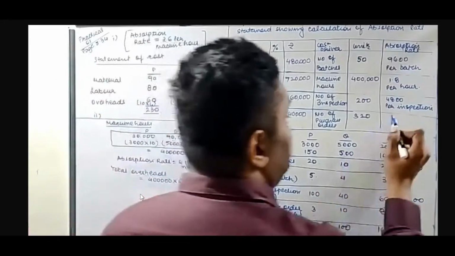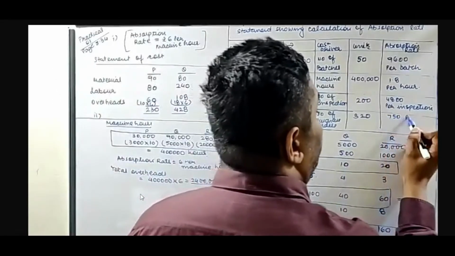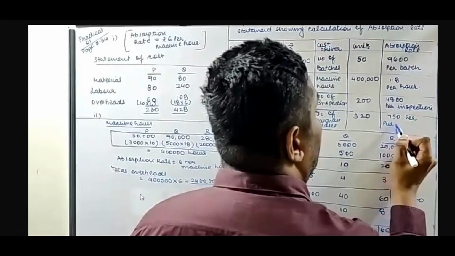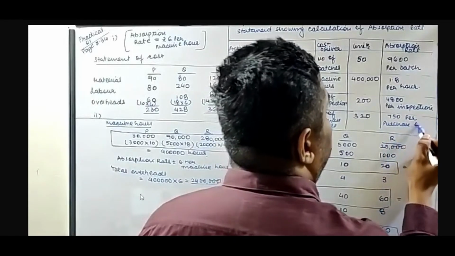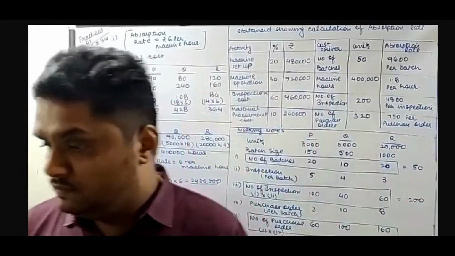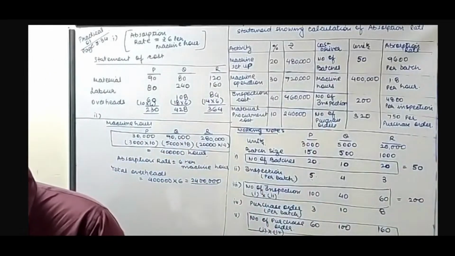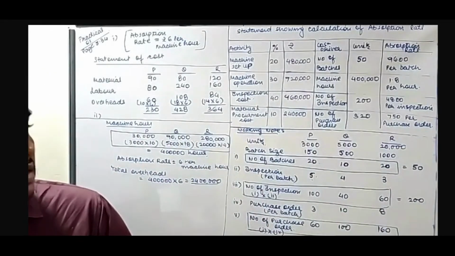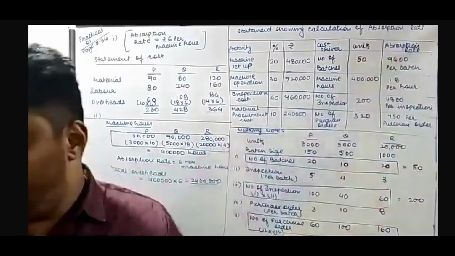And 750 per purchase order. So we are done with the absorption rate calculation.